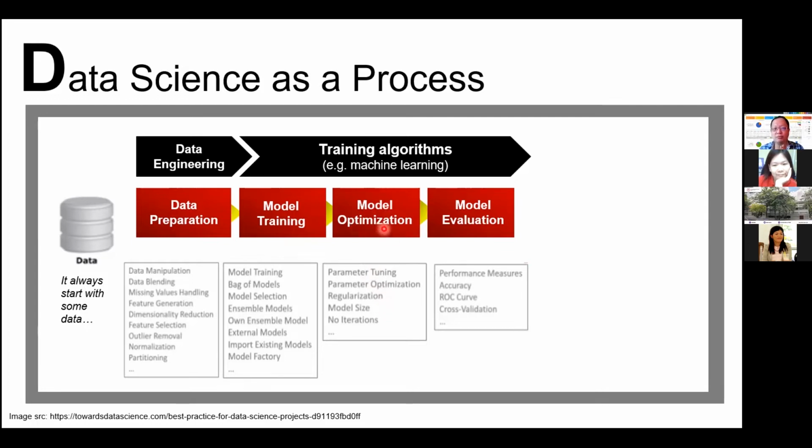Once we train and optimize the model, we can do model evaluation, meaning that we test the model on a separate set of data, which is called testing data. If this process is done well, we can assume that the model is generalized enough to be used for a real-life application. Okay, and this training process sometimes uses machine learning, or we call them training algorithms, to create a model.